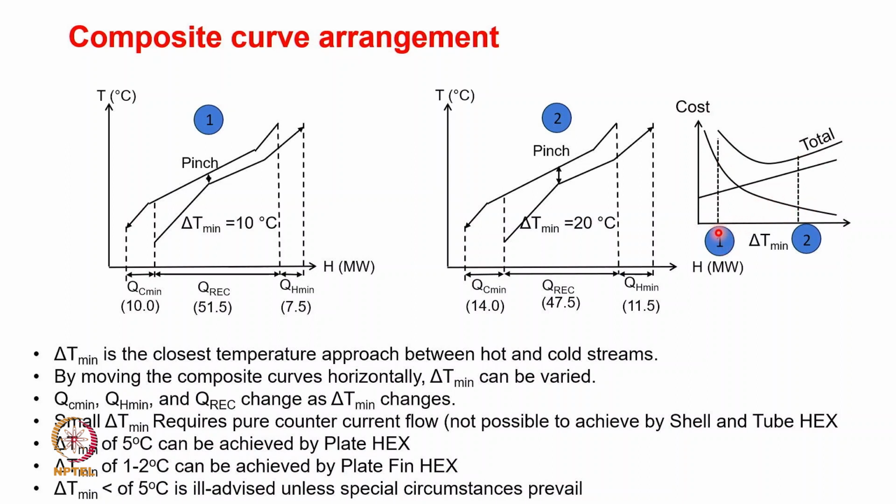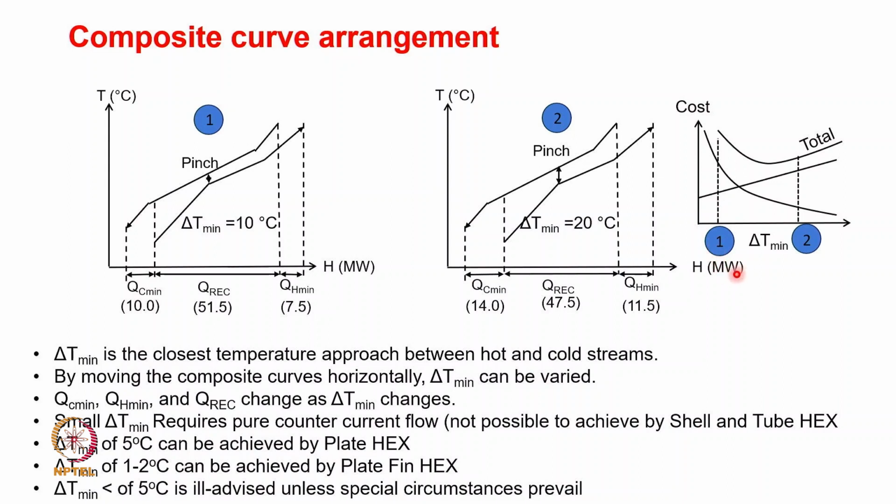What you can see is that when you are at point number 1, in this particular case your delta T minimum is small, which essentially means that you need to have a larger area to effect that particular heat exchanger design. So as a result, you can see that the overall cost seems to be a little lesser, but your capital cost sometimes will be on the higher side.